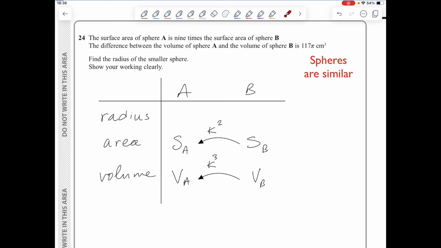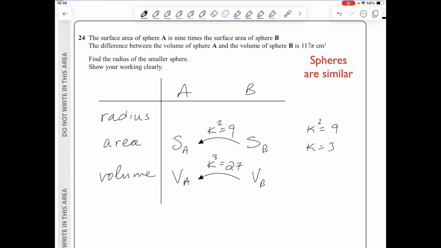Now I'm given in the question that the area of A is 9 times the area of B, which means K squared is equal to 9. And if K squared is 9, then K must be 3. Therefore, K to the power of 3 is equal to 3 to the power of 3, which is equal to 27.